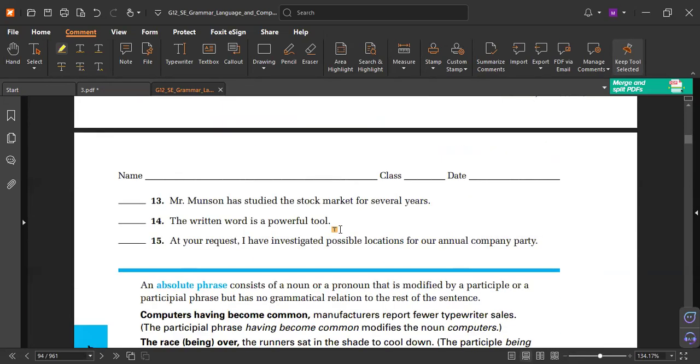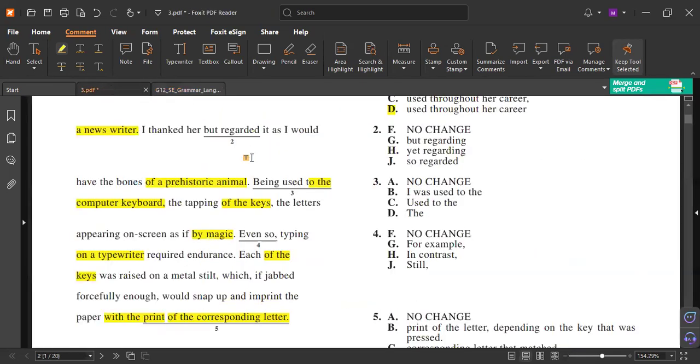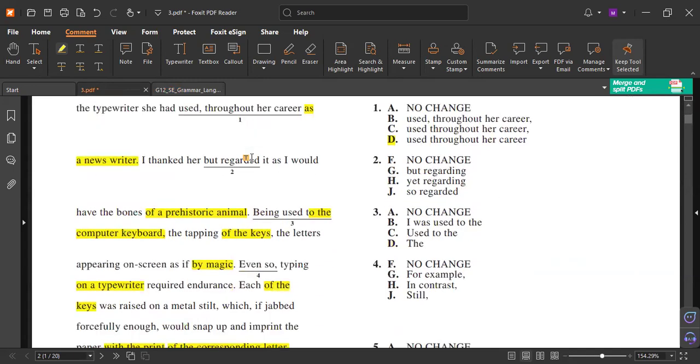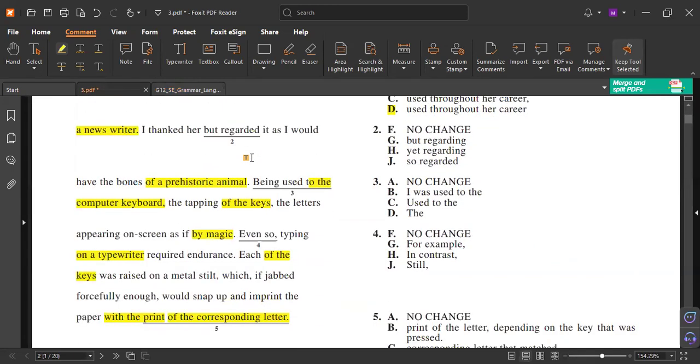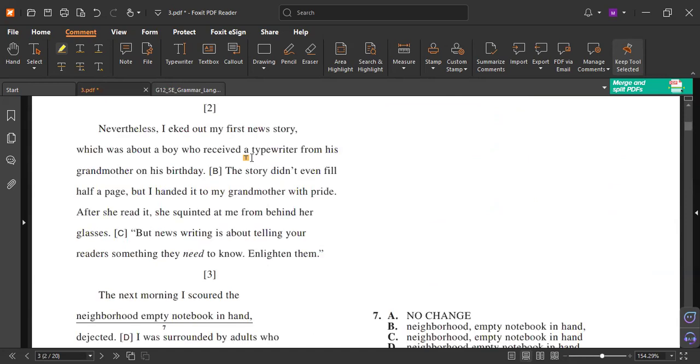Now we are going to look together at the present participle phrases. Just read it, and then I'm going to show you how it works. But you just focus. Together, let's look for any phrase. For example, this sentence: the story didn't even fill half a page.